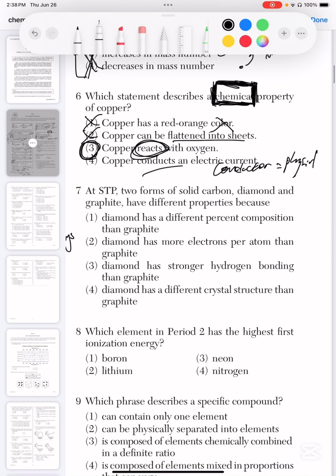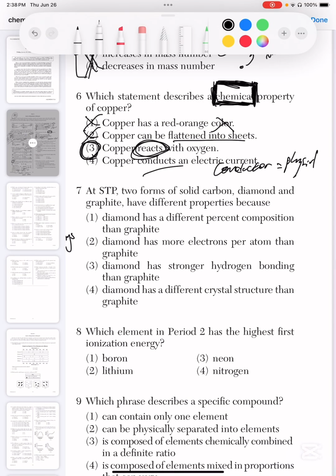At STP, two forms of a solid have different properties because of different crystal structures. So yeah, they have different properties because they have different structures. That makes sense, right?